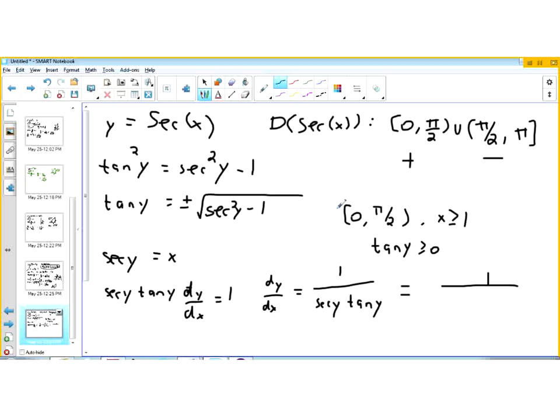So let's see. If y is between 0 and pi halves, then the tangent of that y will be positive. So we're left with secant y times the square root of secant squared y minus 1.